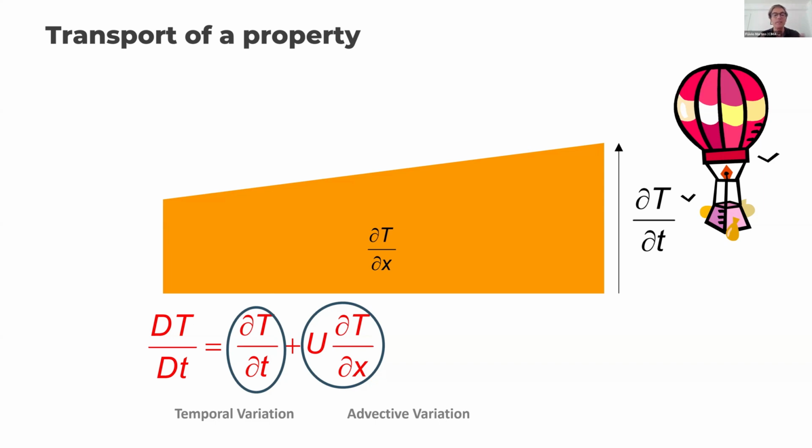So these two equations are saying exactly the same thing, but from two different perspectives, okay? And this is quite important to understand when we formulate the equations of the processes in a fluid, okay?